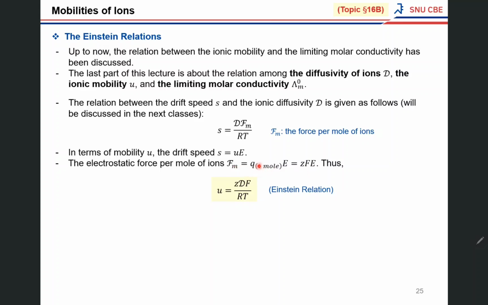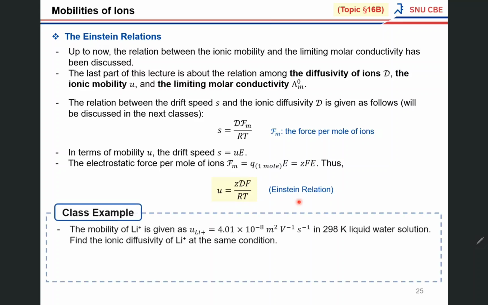The charge carried by 1 mole of ions is the product of z and F, where F is 96485 coulomb per mole. If you substitute the Faraday constant F here, then we have the relation between the ionic mobility and the diffusivity like this. This relation is called the Einstein relation.